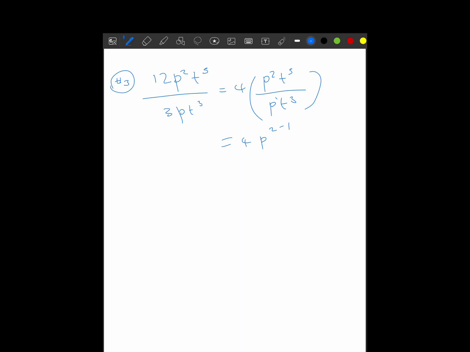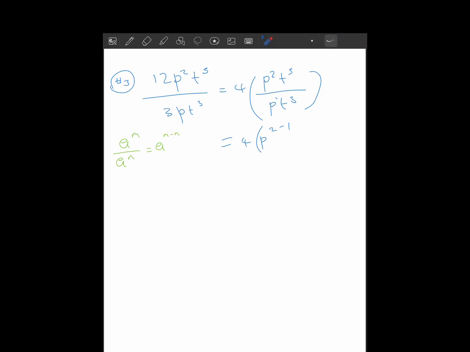If you don't know that, please check my videos on identities of exponents. So this is p power 2 minus 1. Again, we're applying this law: a power m over a power n is equal to a power m minus n.